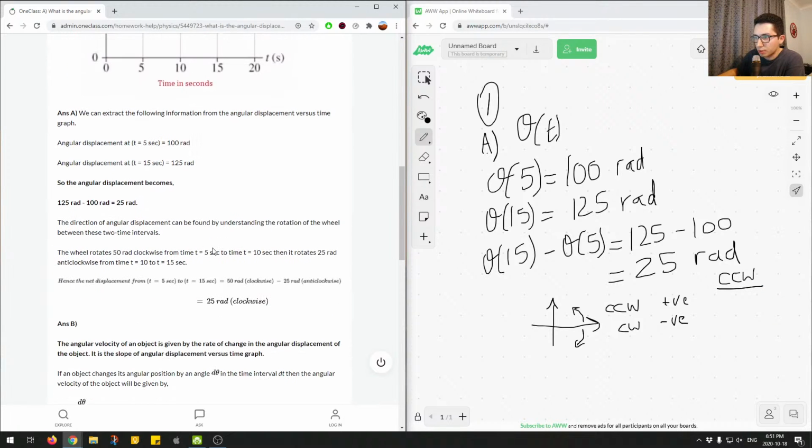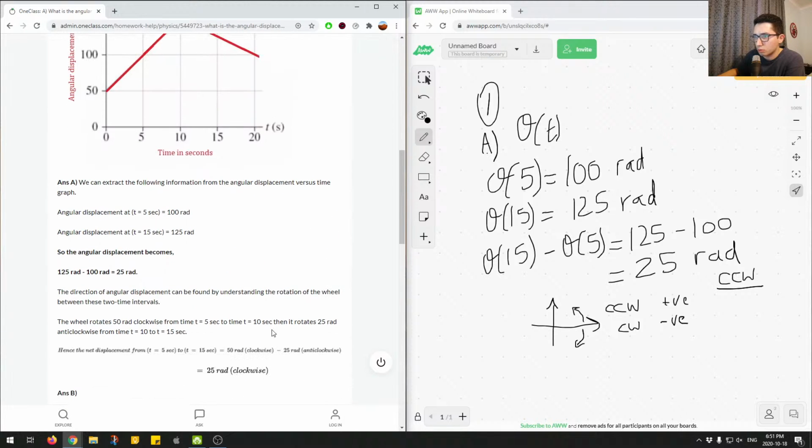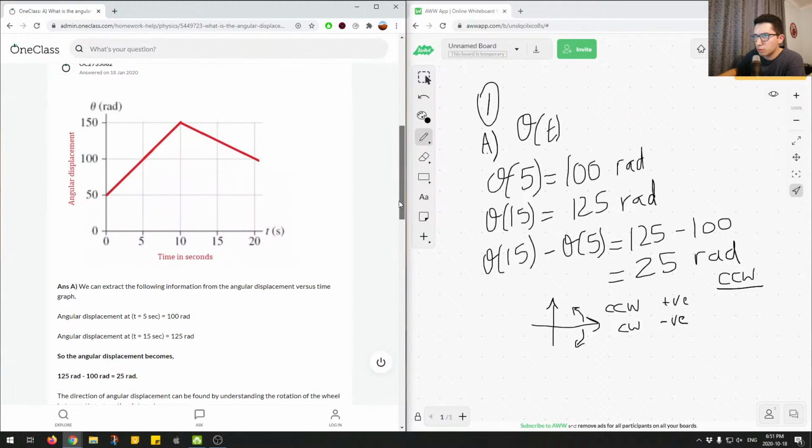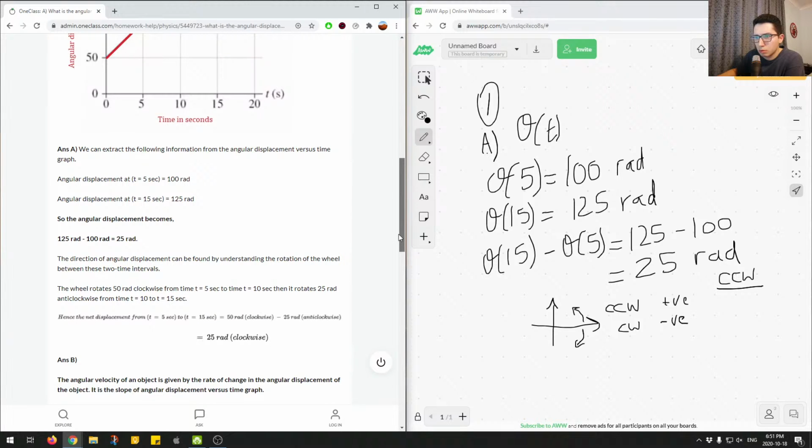So let's look at over here. So here they have 50 radians clockwise and 25 anti-clockwise. Interesting. The net displacement of time equals to t to 15. So I'm trying to figure out what they did here.